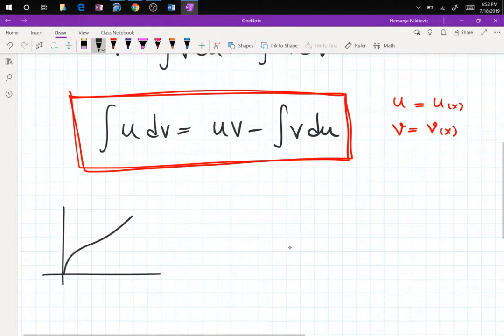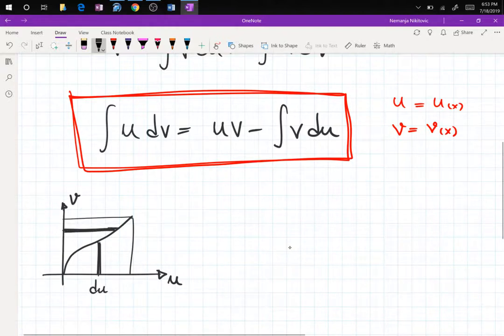You have your u-axis, your v-axis. Now this one here is du, and this one over here is dv.